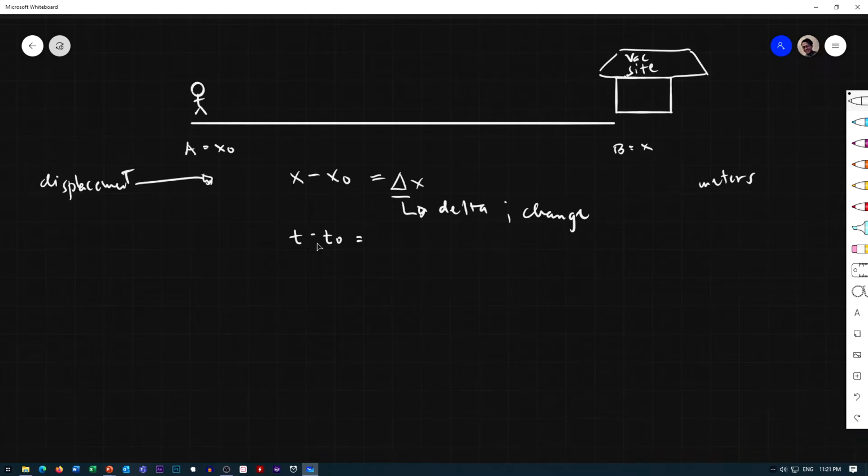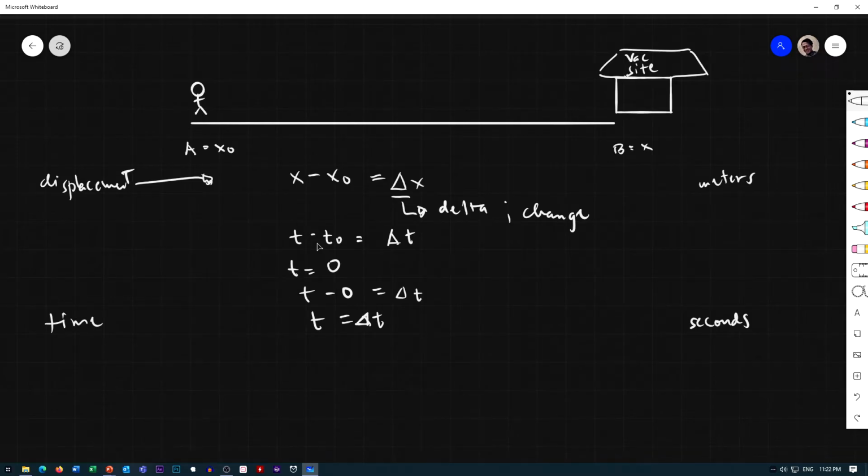So it is defined as delta t. There are times that t sub 0 is given as 0, which means t minus 0 is equal to delta t. So it's fine if you use either final time or change in time. It's always going to be the same. Our unit for this is seconds.